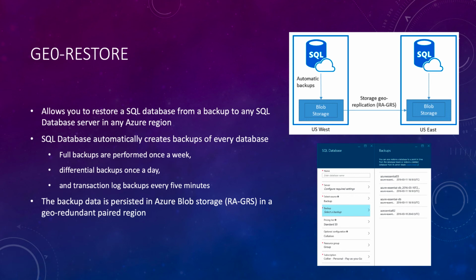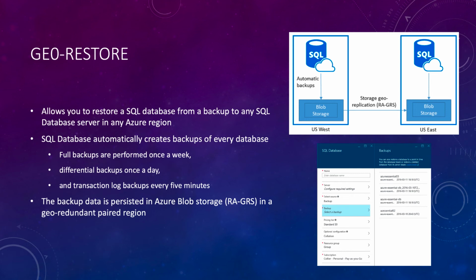Both point-in-time restore, as discussed earlier in this video, and GEO-RESTORE are possible because SQL database automatically creates backups of every database. Full backups are performed once a week, differential backups are performed once a day, and transaction log backups are created every 5 minutes.